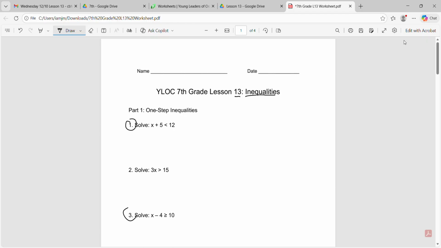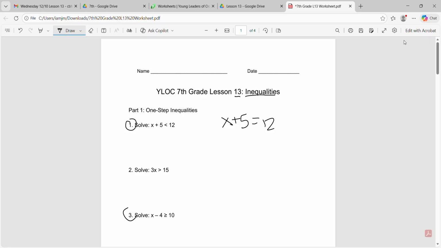Number 1, solve x plus 5 is less than 12. When you're solving inequality equations, you can treat these as similar to the equal sign. There's not much of a difference in the solving system.